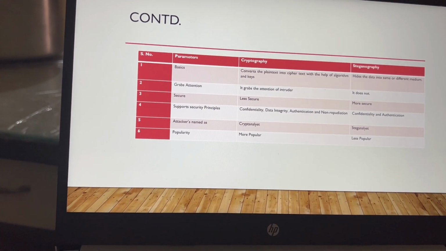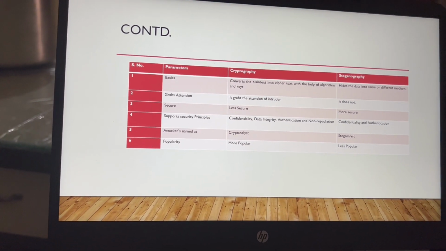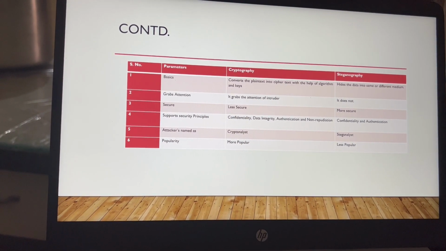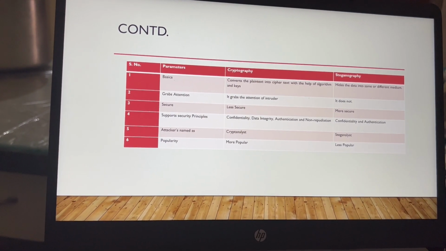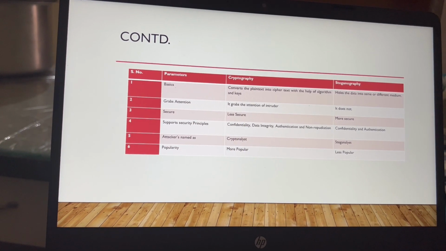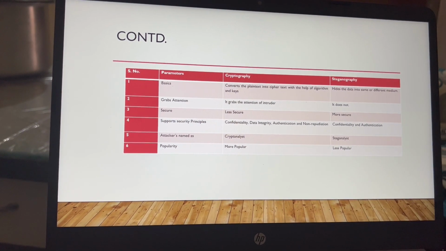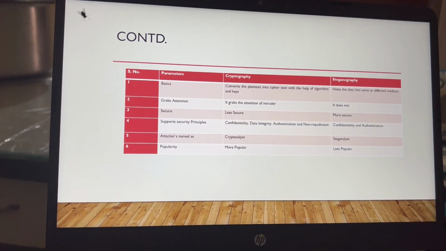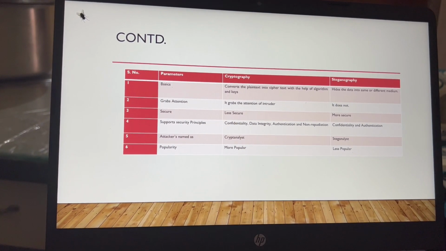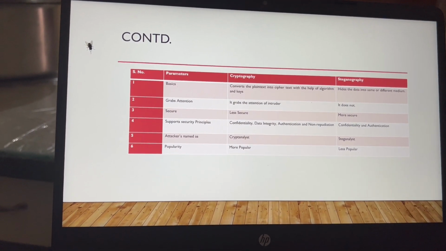Third, the cryptography technique is less secure than steganography. After that, attacks on these techniques are called cryptanalysis in cryptography and stego analysis in steganography. Talking about popularity, steganography is less popular as compared to cryptography.